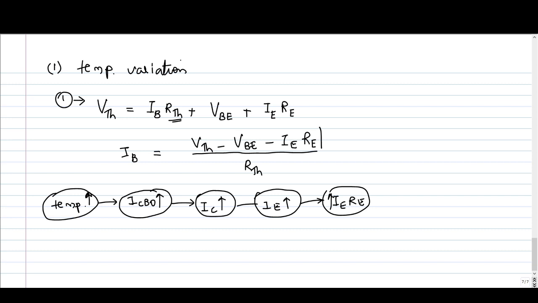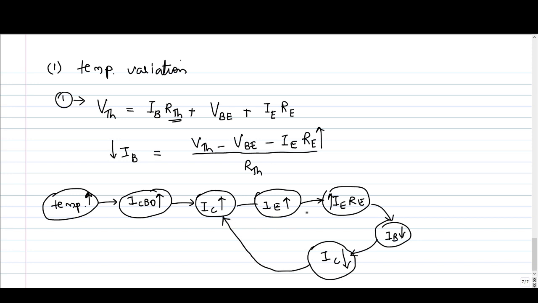So when the IE RE drop increases, this IB will decrease by this expression because this is subtracted from VTH. So IB will decrease. So when IB decreases, IC is beta IB, so IC will decrease. So this decrease in IC counteracts the initial increase in IC. So there is a check against indefinite increase in the collector current with the temperature. So it will prevent thermal runaway. So the circuit is stabilized against temperature variations.